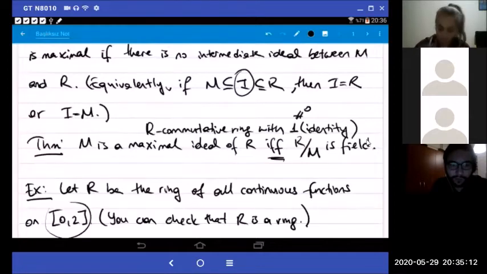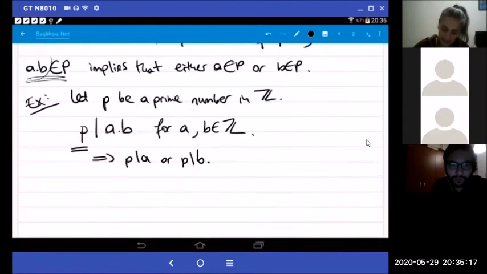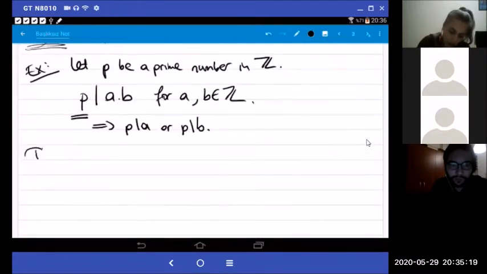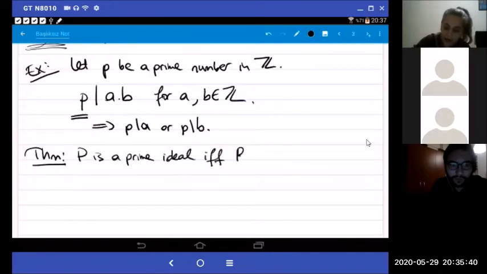We have a similar version for prime ideals. Do you know what I'm going to write? With integral domains. Yes, with integral domains. P is a prime ideal if and only if the quotient is an integral domain.